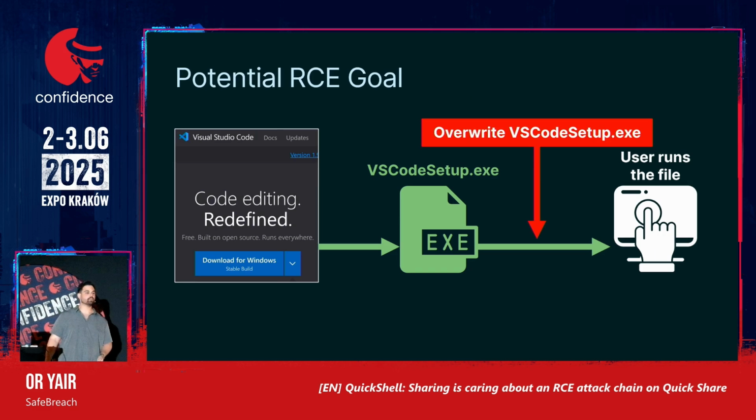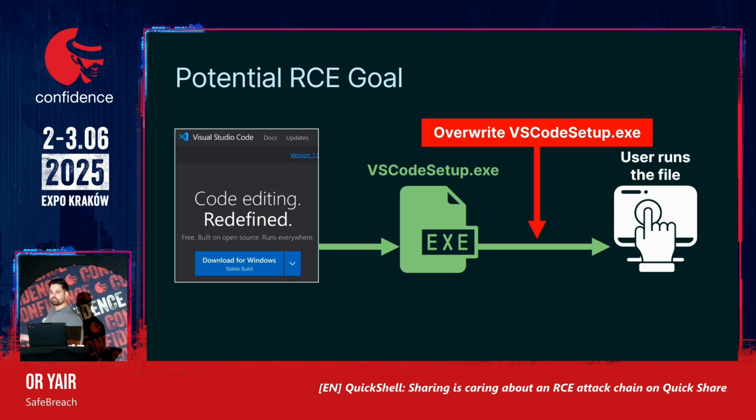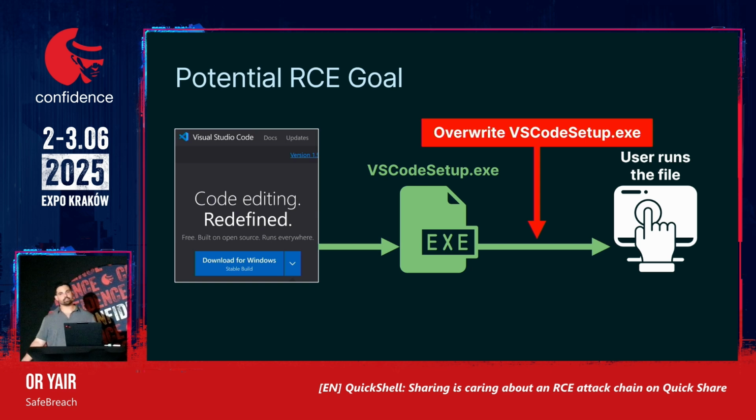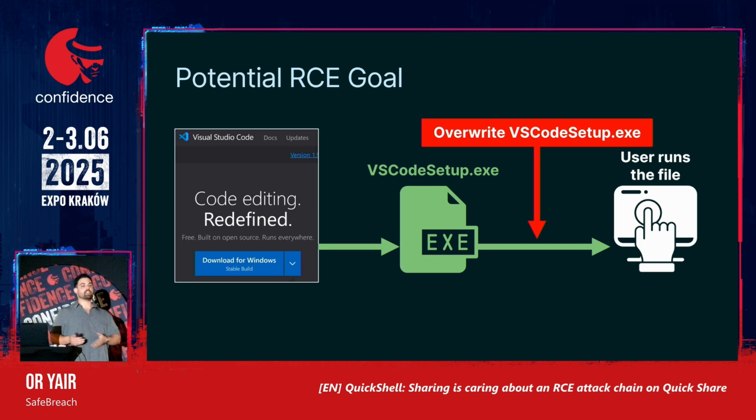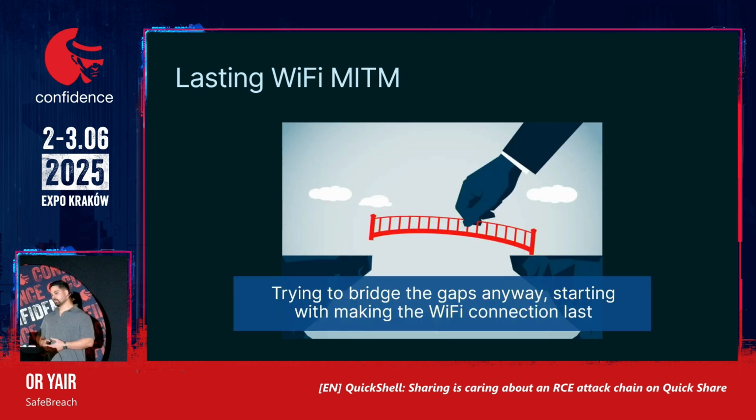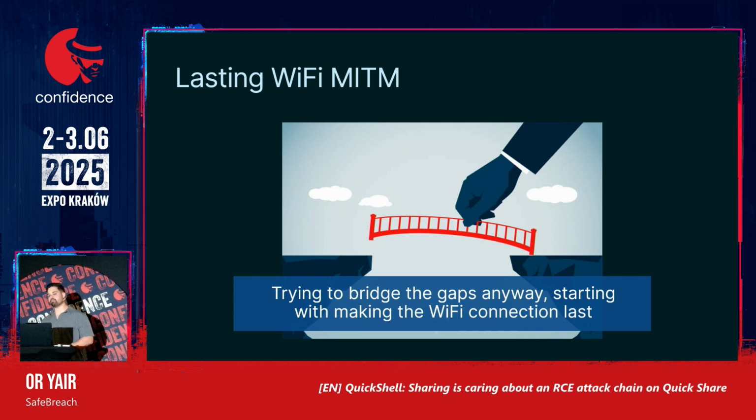And the simplest example would be a user that downloads the latest VS Code installer. We then use the man-in-the-middle technique somehow to detect that this is the file that is downloaded. We then overwrite it if we manage to escalate our ability, and only then the user runs the file, actually running our code.